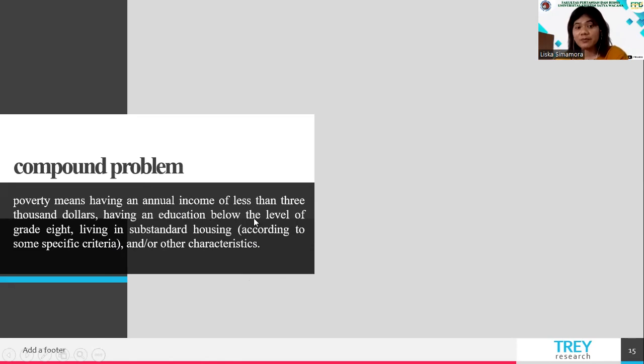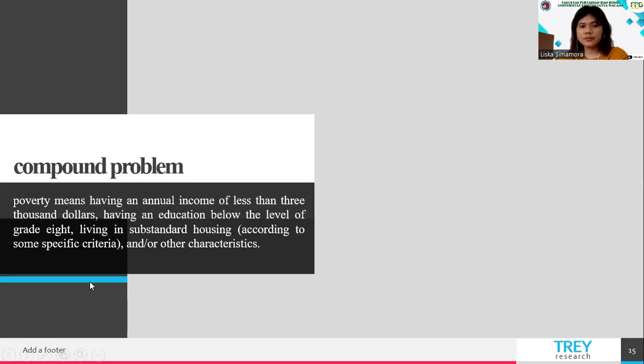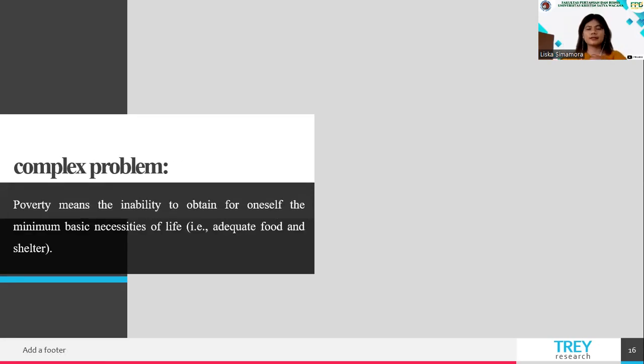Because this one is a compound problem, the driver factors of poverty are not only these three variables. So it is a different solution from the first, simple problem. In this compound problem we also include annual income, education, and housing standard, but we have to find other driver factors.